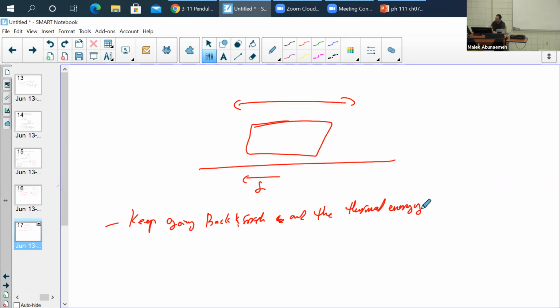If you keep on getting a box and moving it back and forth, the thermal energy is going to get larger and larger.